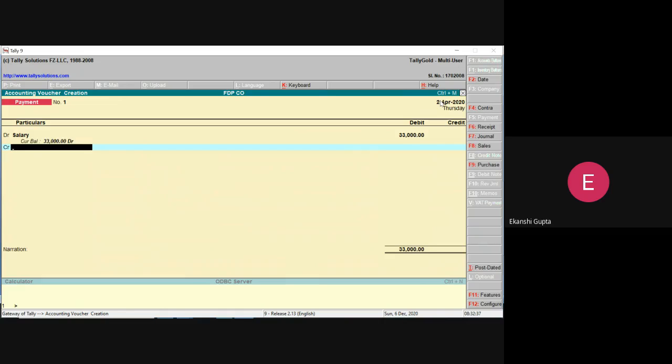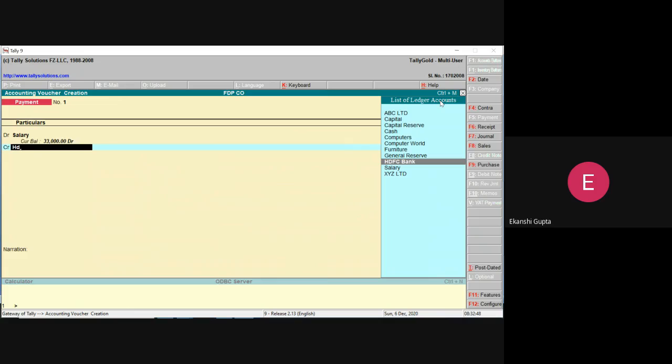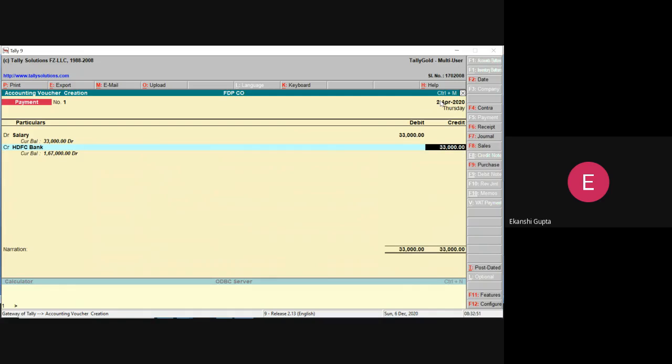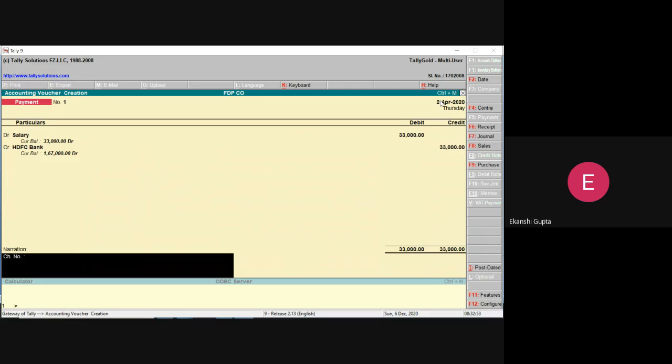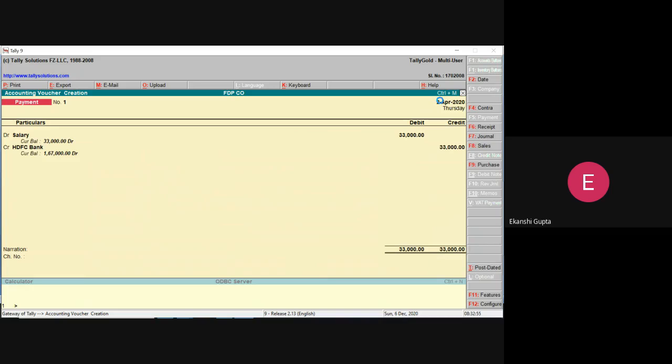Credit will be your HDFC, and the company already has a bank account from HDFC. So I'll just click on HDFC, 33,000. Press enter, accept. This is the third accounting entry.